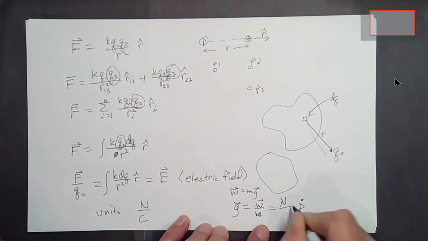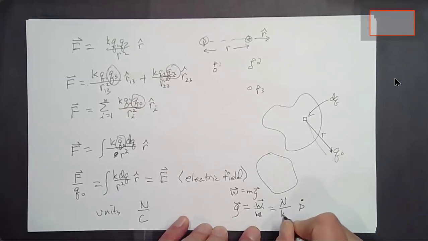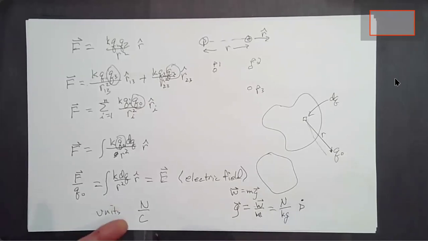This has units of newtons per kilogram. So it's a very similar idea to talking about the acceleration at some point in space. There it was newtons per kilogram, and if we wanted to know the actual force, we would take this thing and multiply it by the mass.